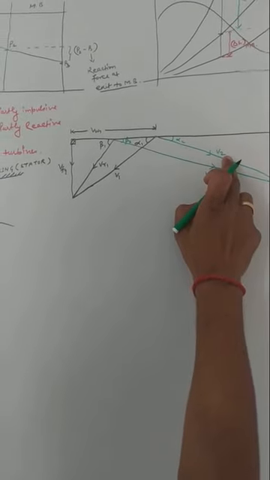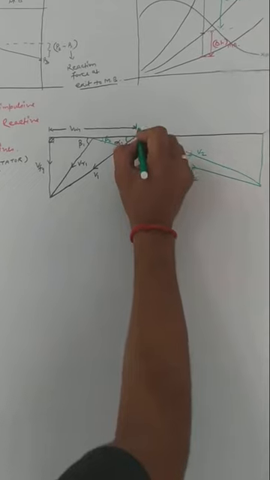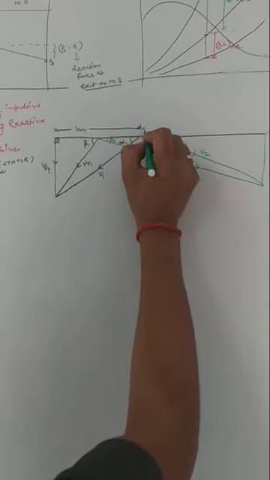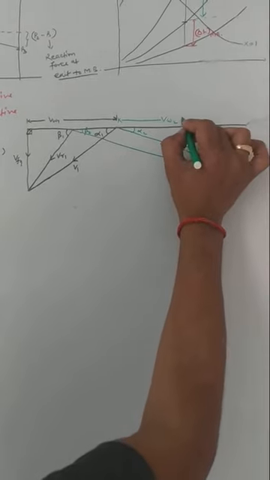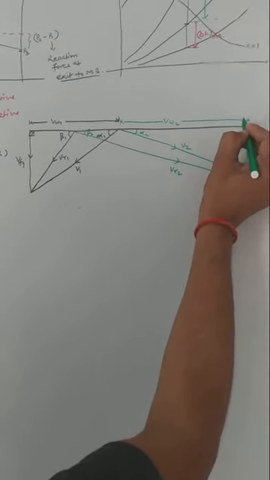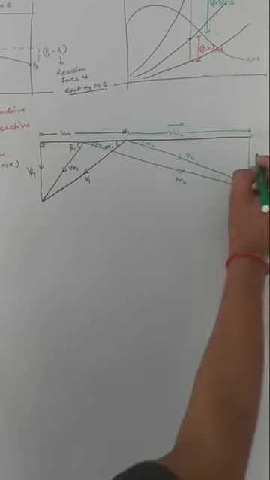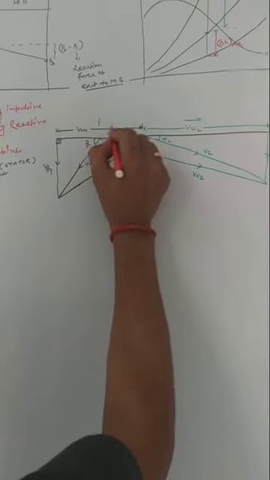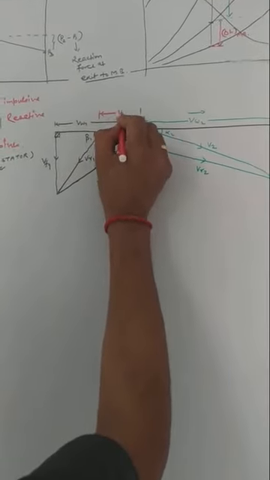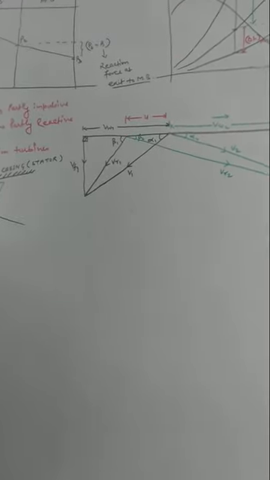This V2, the absolute velocity at the exit, is divided into two components. This is VW2 in this direction and VF2. This is the flow velocity at the exit, and this is the linear velocity of the rotor.